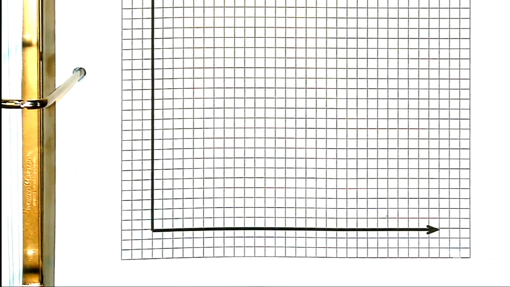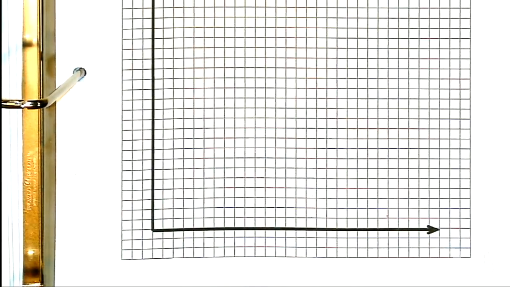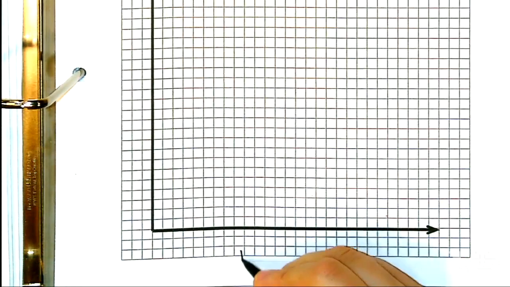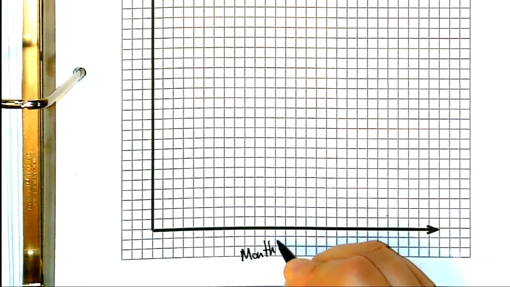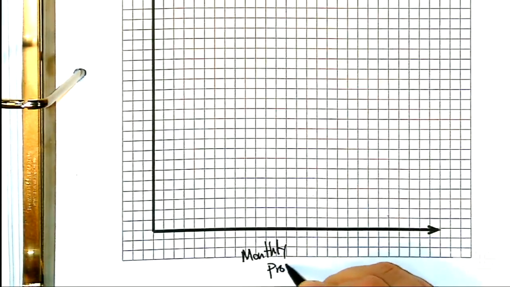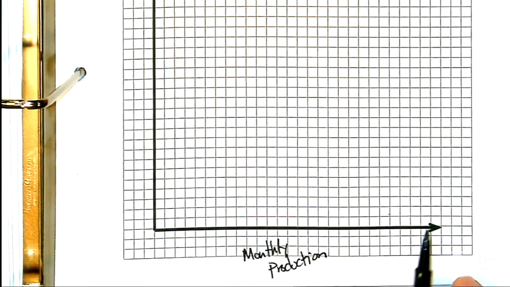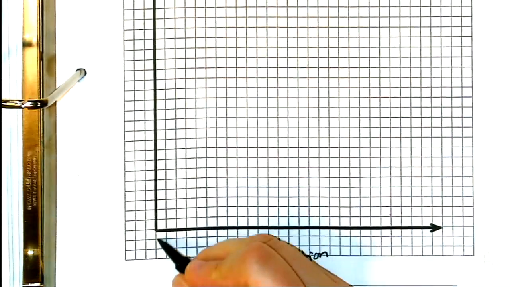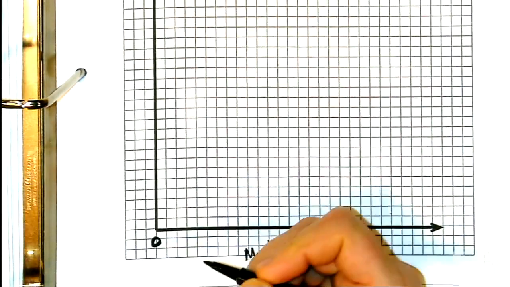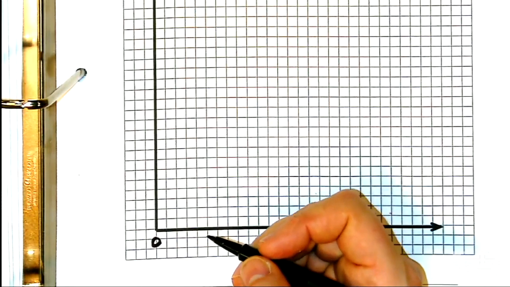So I want to illustrate what it is that I'm not certain about. Now, we need a little context here. The problem is we don't know what monthly production will be. So I'm going to appoint the x-axis to represent every possible outcome from producing nothing to a good scale for this problem.